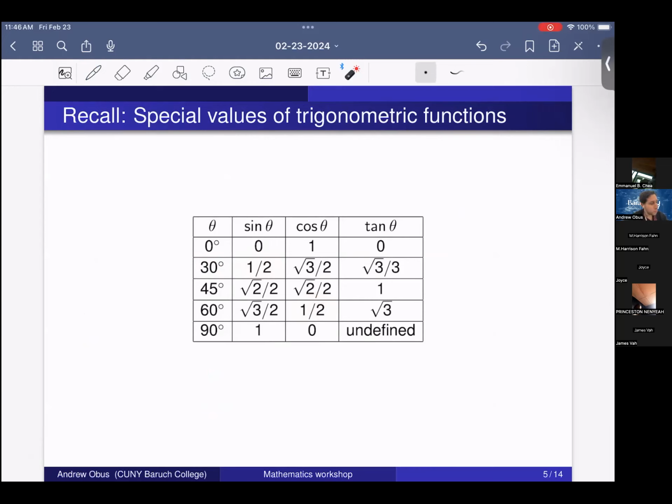They're both 1/2. And sine of 60 degrees is the same as cosine of 30 degrees. And sine of 45 degrees is the same as cosine of 45 degrees. Even this, which we didn't prove because we had to assume the angle is between 0 and 90, sine of 0 is the same as cosine of 90, and cosine of 0 is the same as sine of 90.